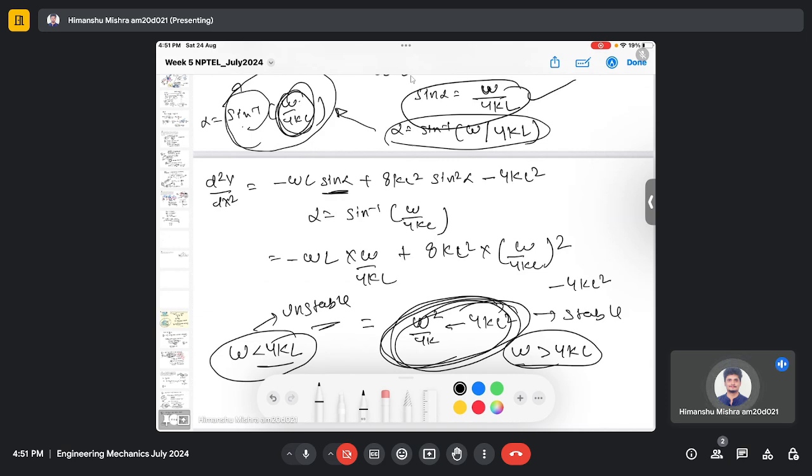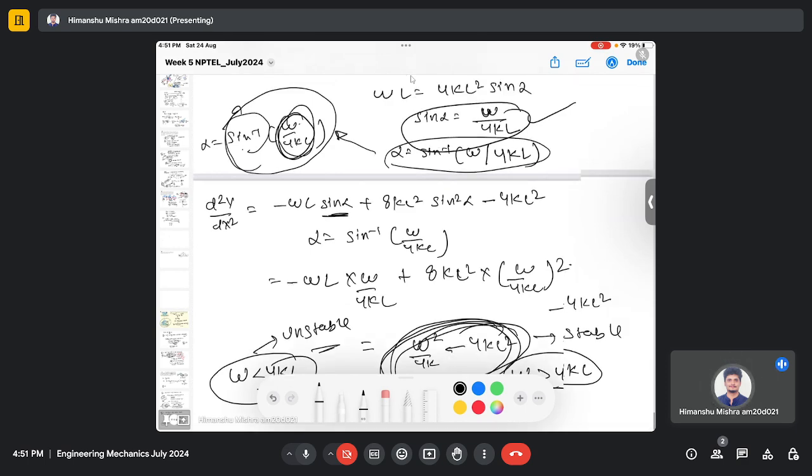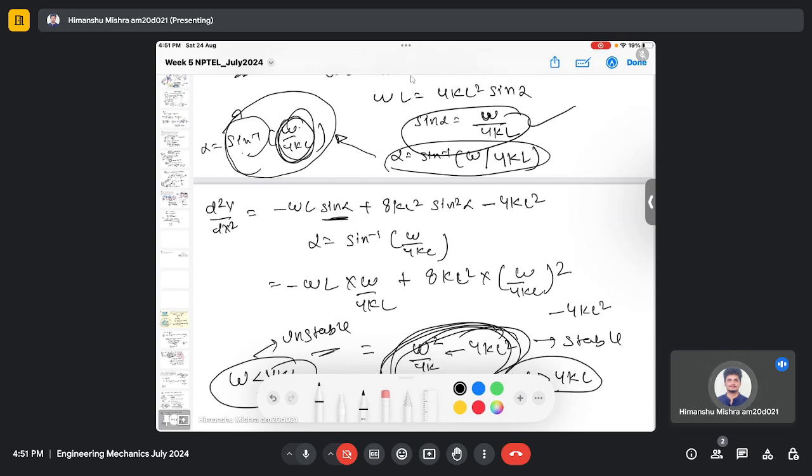So when you are given the expression and you need to verify whether the system is stable or not, first look at the expression and define the conditions, for what expression of W or KL, you will have a stable or unstable system. You can also look at the equilibrium expression and check when it is valid, because we have already obtained the equilibrium location, and that location is real.